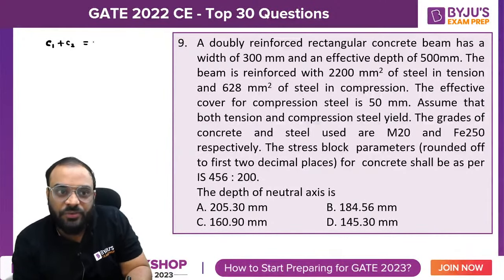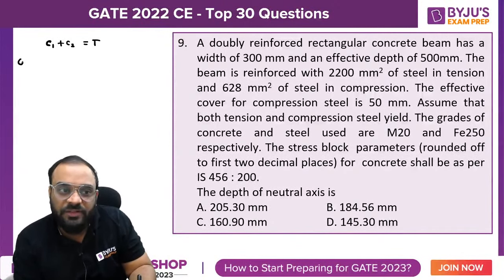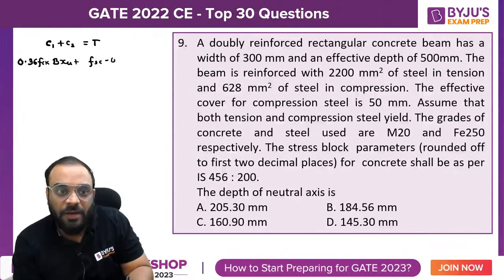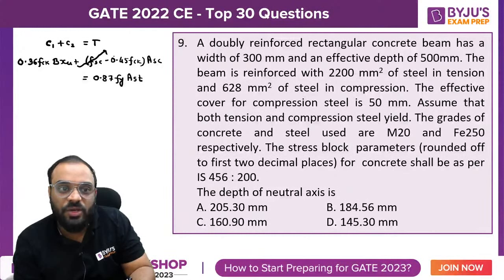C1 plus C2 is equal to T. What is the value of C1? 0.36 FCK B into XU plus, you know that this is FSC minus 0.45 FCK into ASC is equal to 0.87 FY into AST. Now tell me, guys, what is the value of FSC?